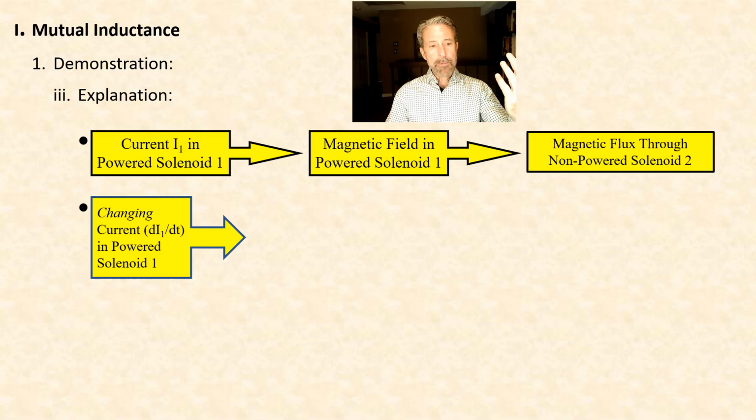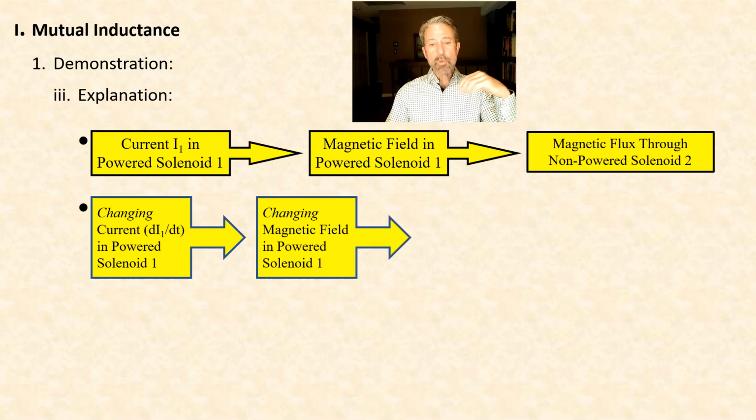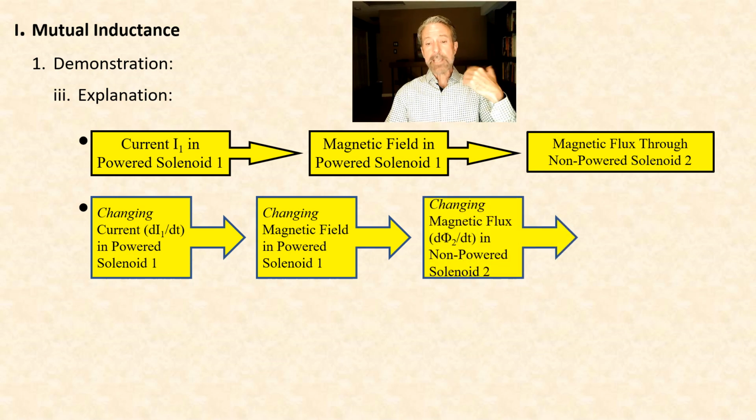When we take the time rate of change of that current, we see that the changing current in the powered solenoid will lead to a changing magnetic field in the powered solenoid. And due to the flux linkage with a non-powered solenoid, that changing magnetic field in the powered solenoid will now lead to a changing magnetic flux in the non-powered solenoid.